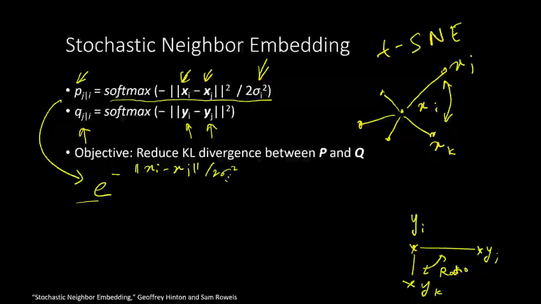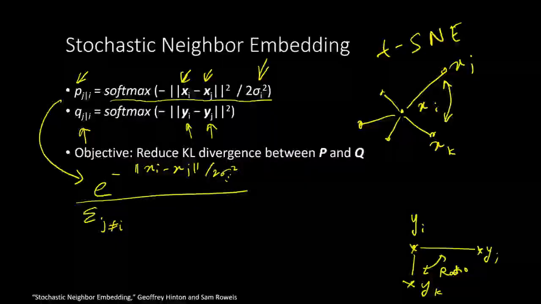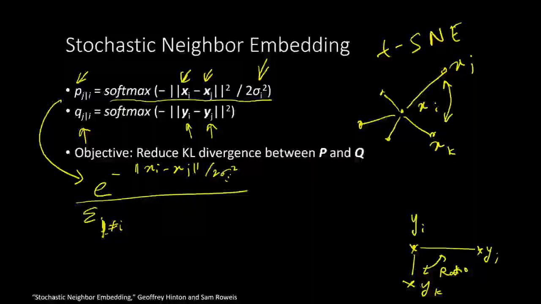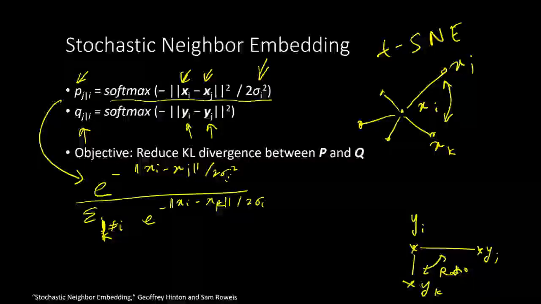Then sum over all k not equal to i, because when the index equals i we just set that to 0. Sum over all k, but not equal to i, e to the power of the same thing, xi minus xk squared, divided by 2 sigma squared. That's it.